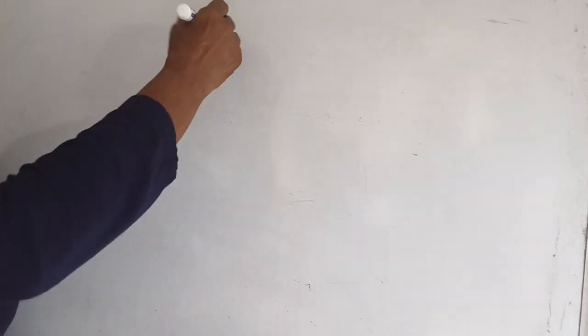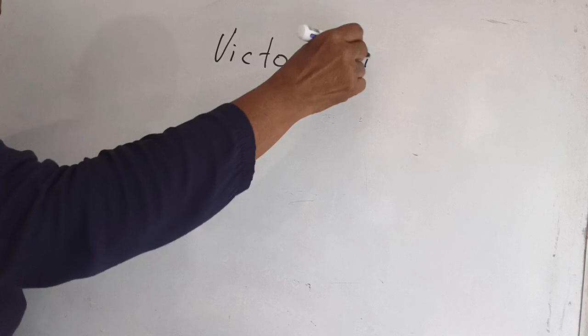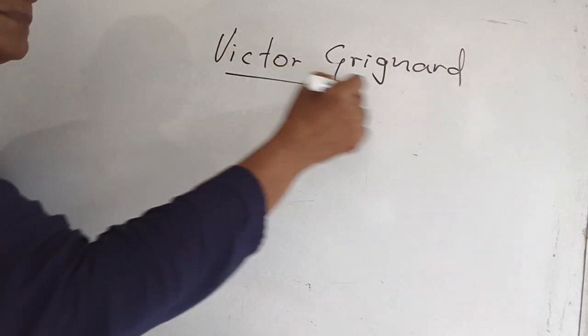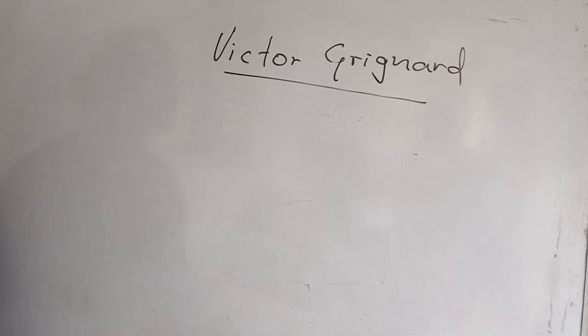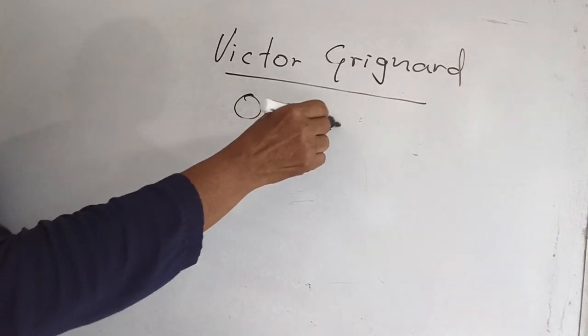The honor goes to Victor Grignard. He is the person who gave this synthetic pathway to the world, and he was honored with the Nobel Prize for this work, because the Grignard reagent is made up of an organic and a metallic combination.